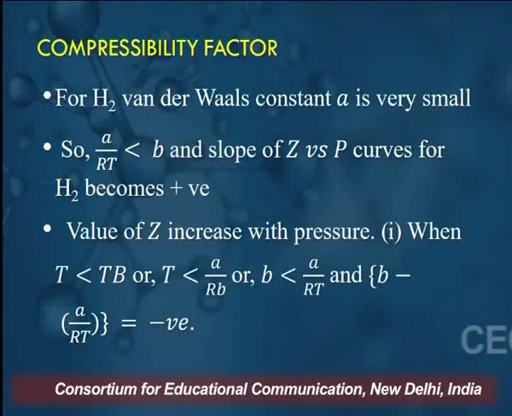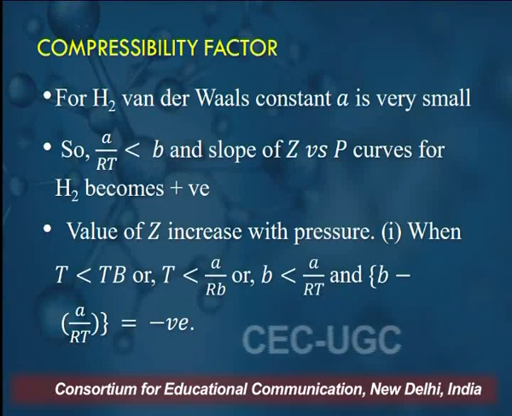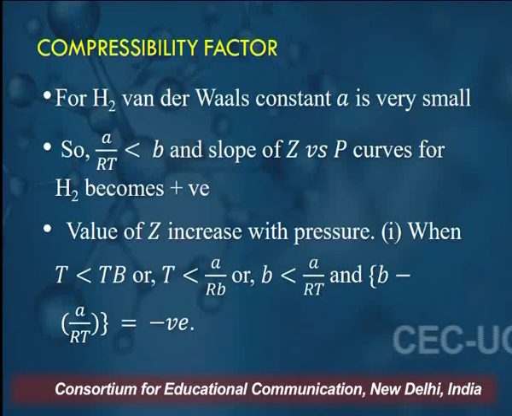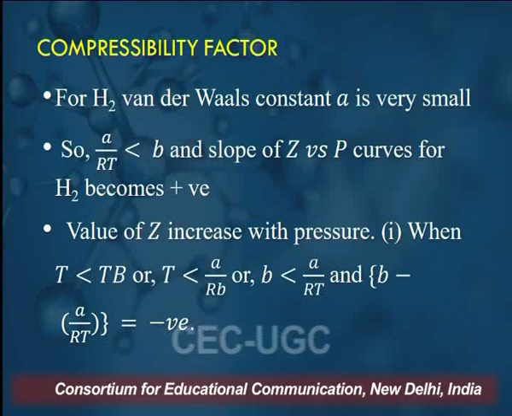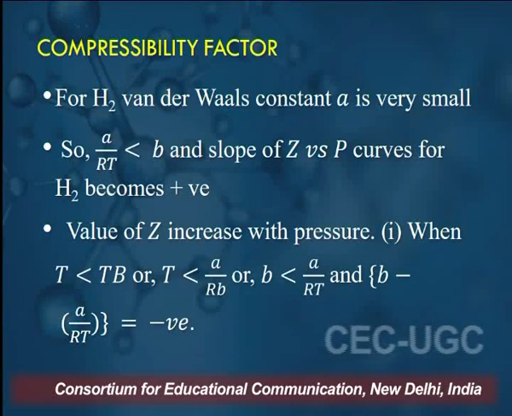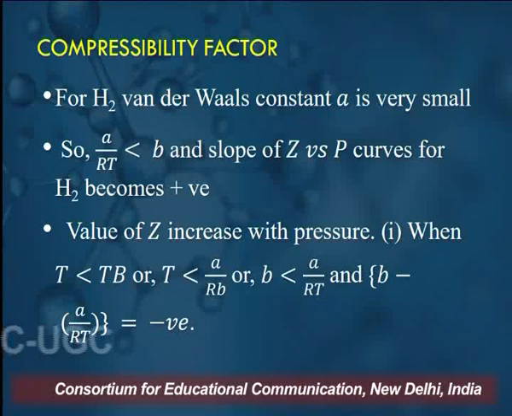The case is entirely different in the case of hydrogen. For hydrogen, the van der Waals constant a is very small. So a by RT is less than b. And the slope of the Z versus P curve for hydrogen becomes positive. Thus, the value of Z increases with pressure.